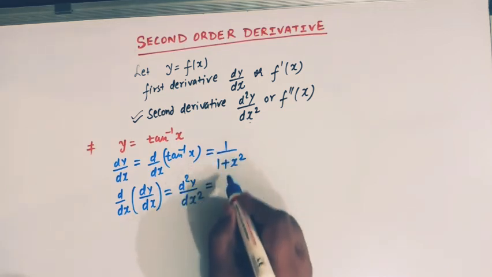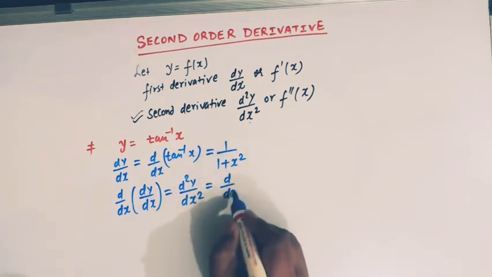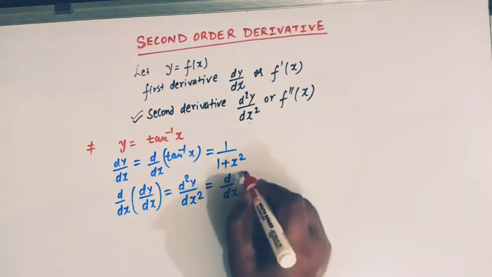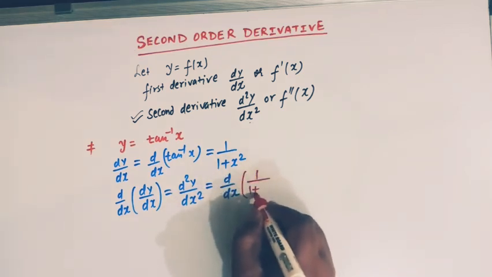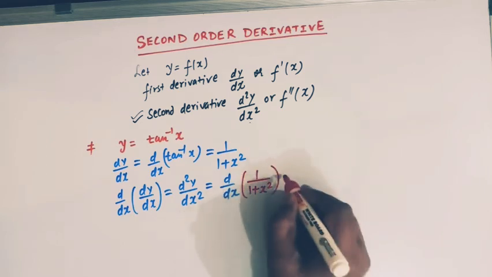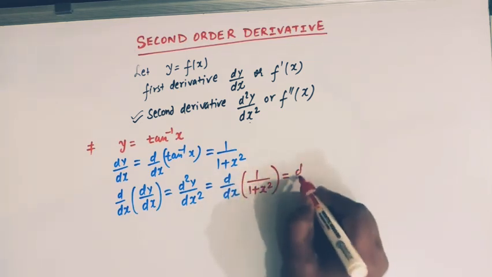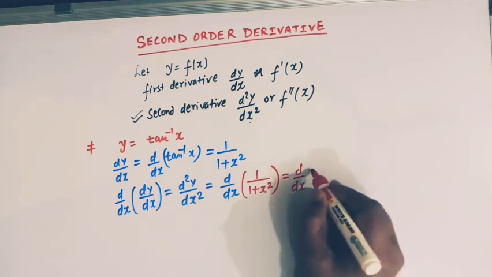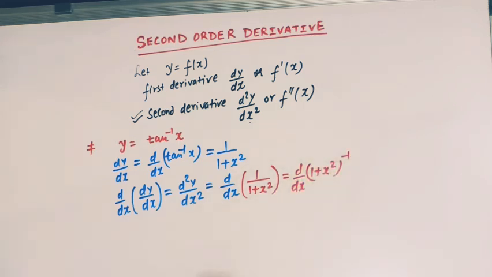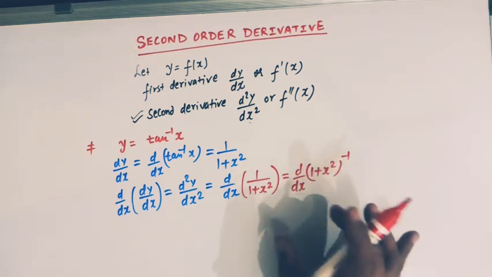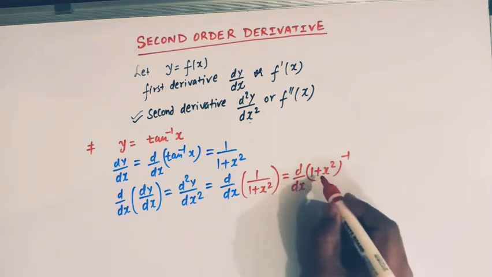So we'll differentiate this function, which is 1/(1 + x²). Now to differentiate this, we can write it like this: (1 + x²) raised to minus 1. Now here we'll apply the chain rule.